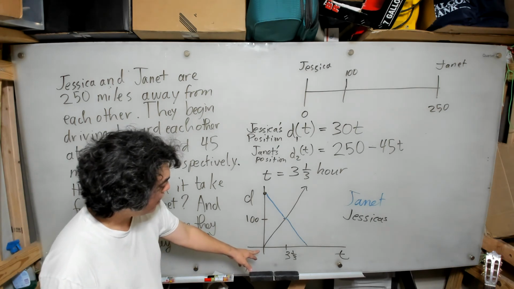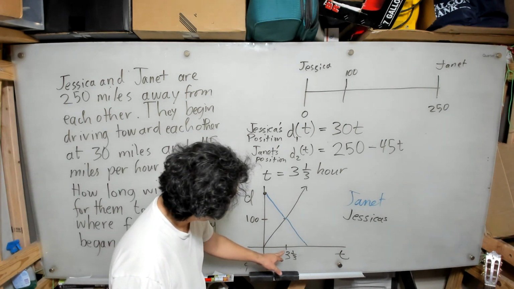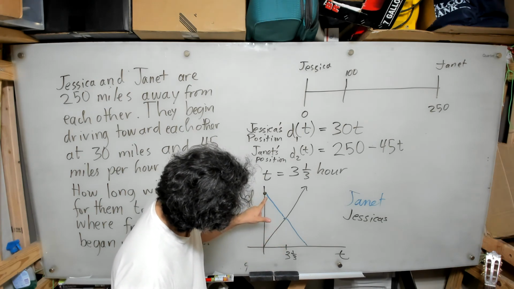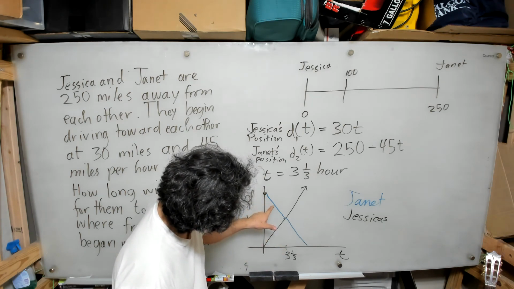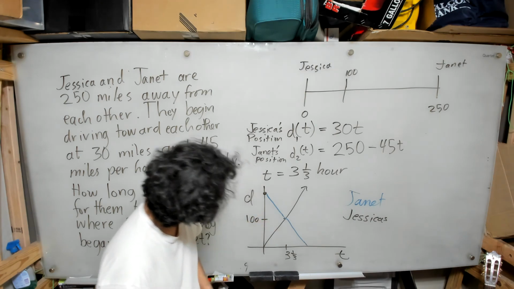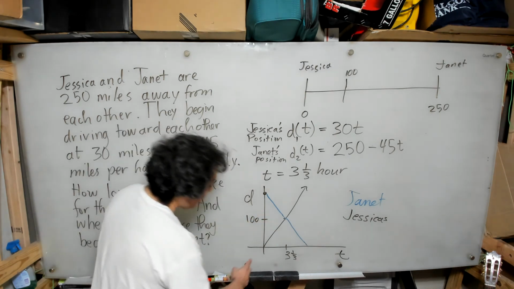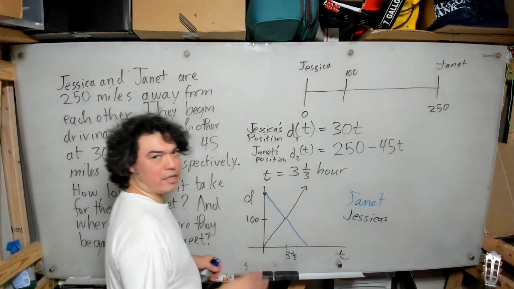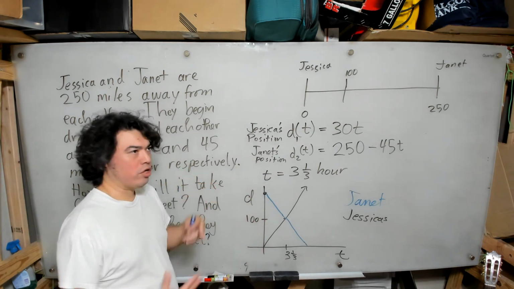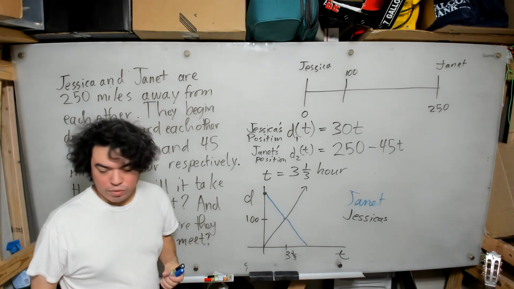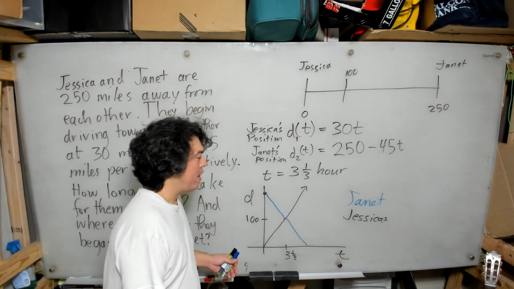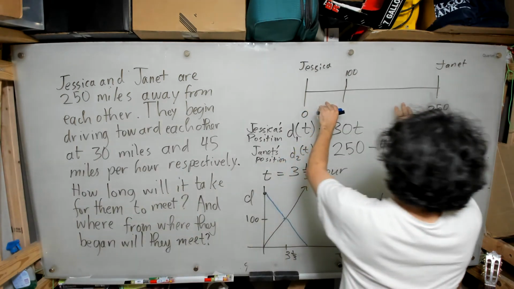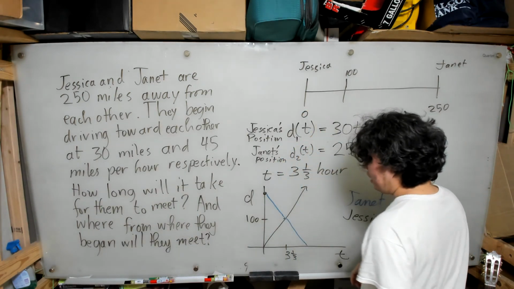As I go along the time t, I can see that Janet's position is decreasing like this, and at that same time, Jessica's position is increasing here. I don't want you to think that they went on zigzag trajectories. What I want you to realize is that this is kind of like if you were looking at this in real time.